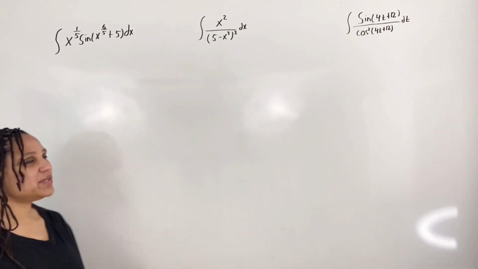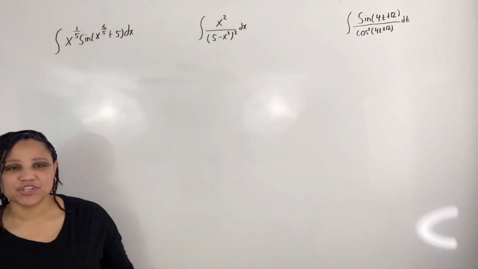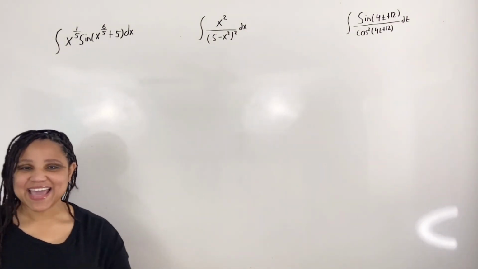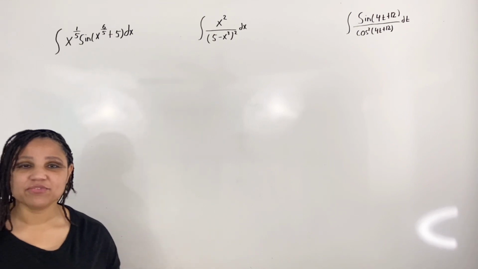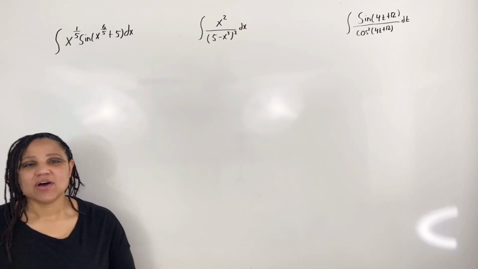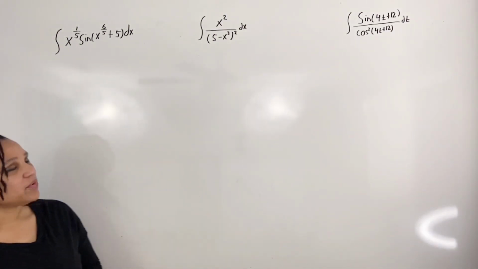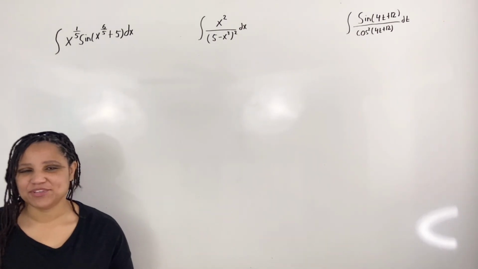So the first thing I'm going to do is choose a value for u such that when I take its derivative and solve for dx, I will be able to cancel all x variables and we will have a function of u.